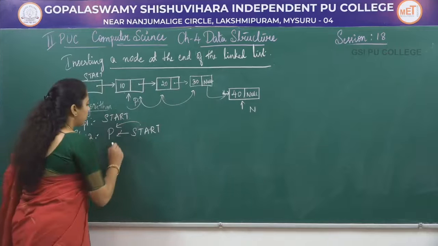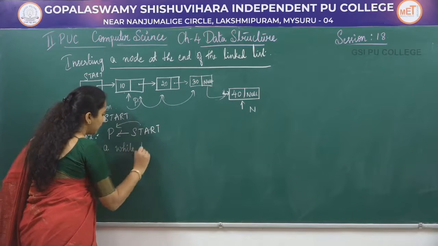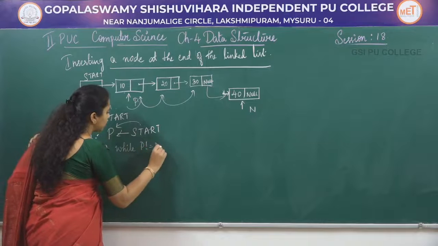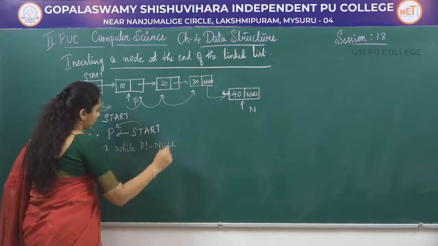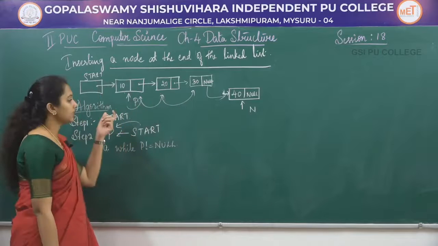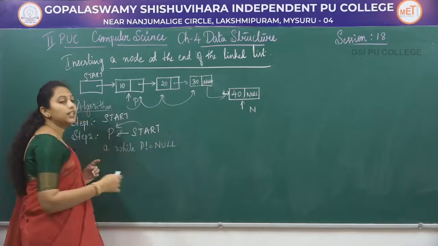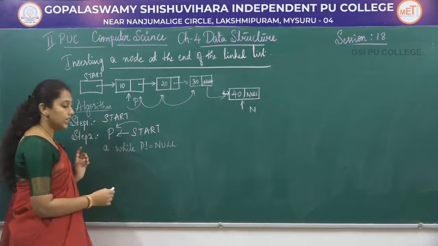So here we are going to check while P does not equal null. That is, if the link part of the node does not contain null, we are going to traverse to the next nodes in the list.